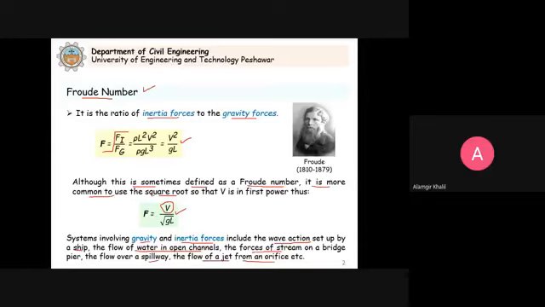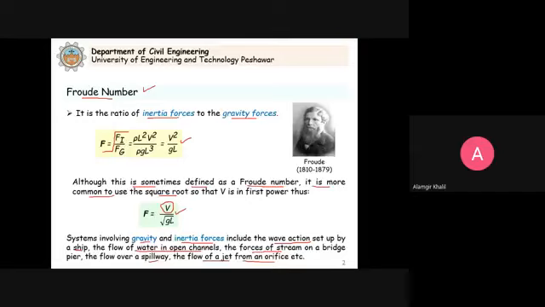You have to identify that for this given problem, for this given case, what dimensionless number you can consider for dynamic similarity. Clear? So this is important.